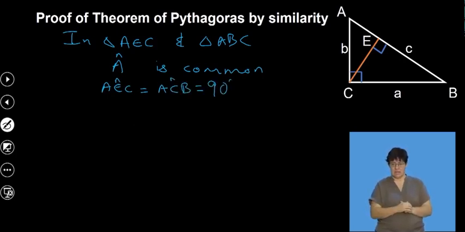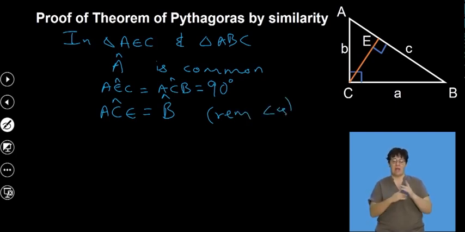Remember, that was the condition of you constructing the line. Automatically, because the two angles are equal, it makes the third angle equal because of the sum of angles of a triangle. So that makes the angle ACE equal to the angle B, and my reason for this will just be remaining angles of a triangle.